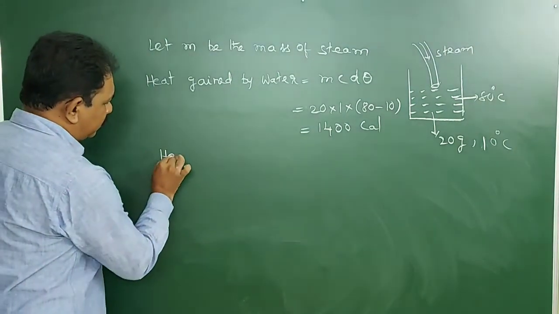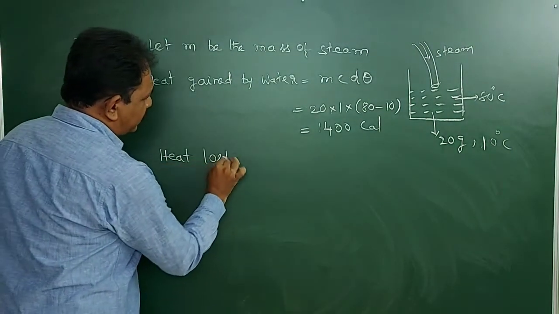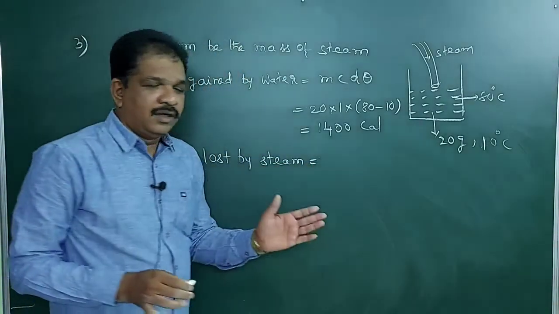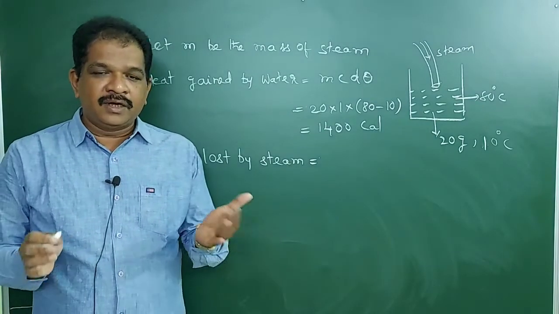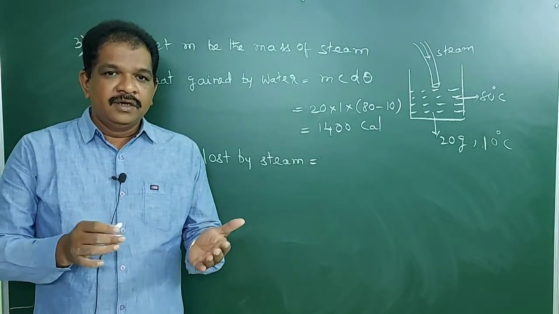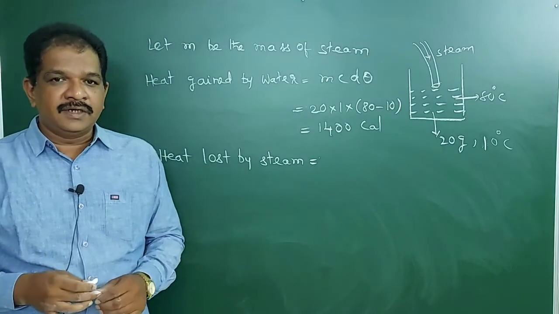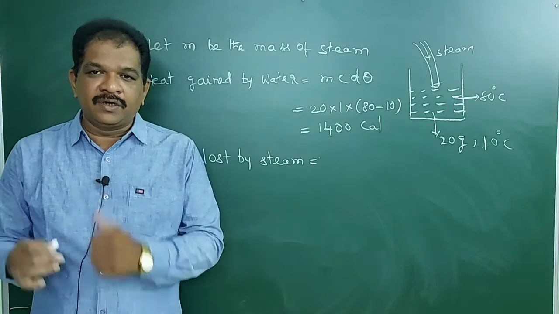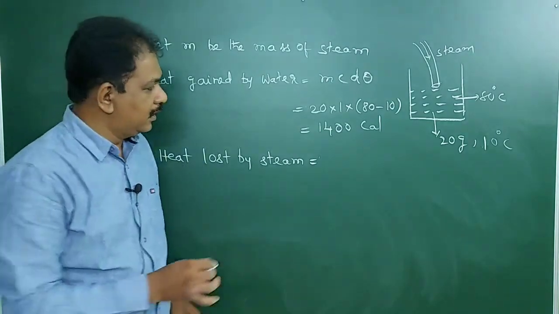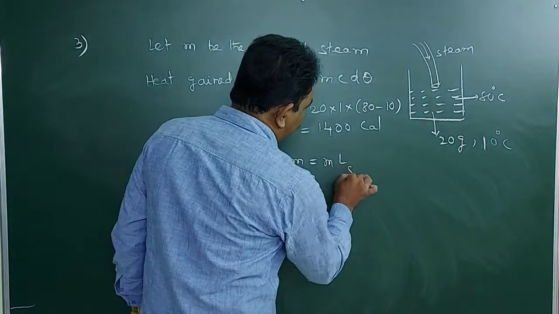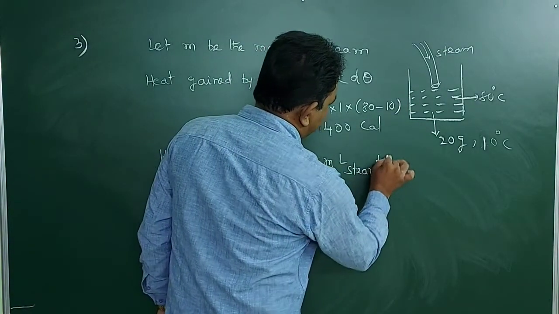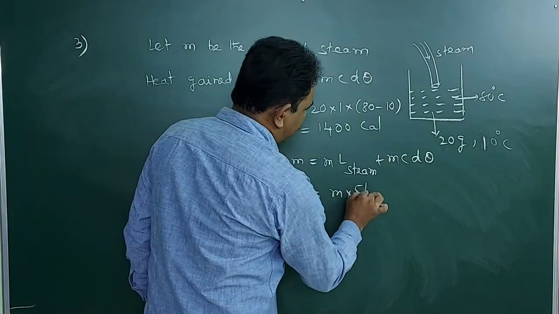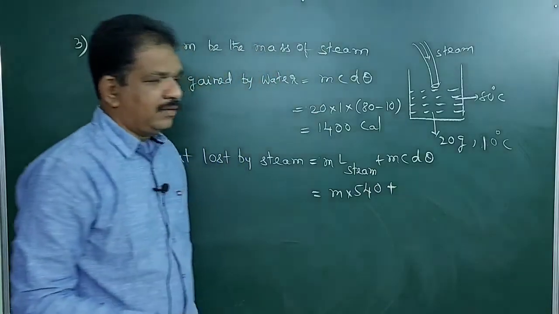So heat lost by steam. Initially that steam at 100 degrees centigrade will be there. It will convert into 100 degrees centigrade of water. Later that 100 degrees centigrade will convert into 80 degrees centigrade. So m into L steam plus m c d theta. M we don't know, L steam value 540.